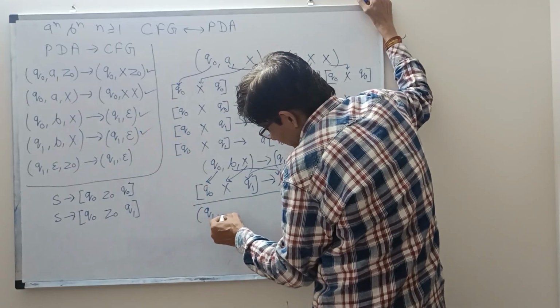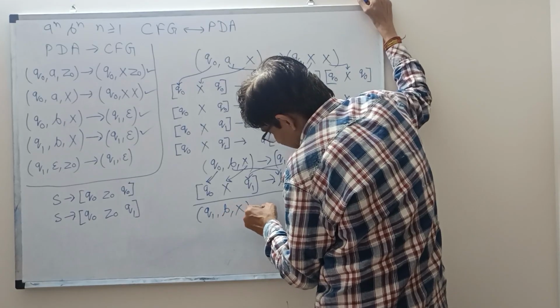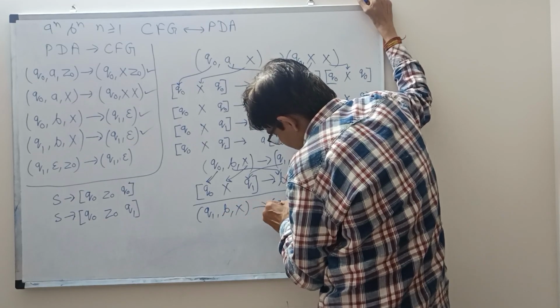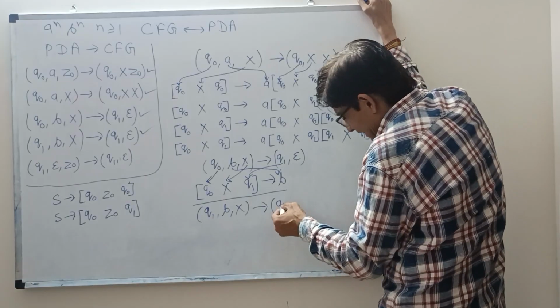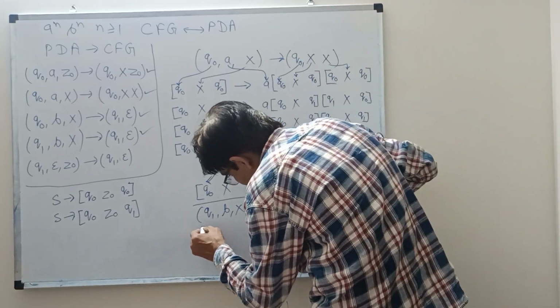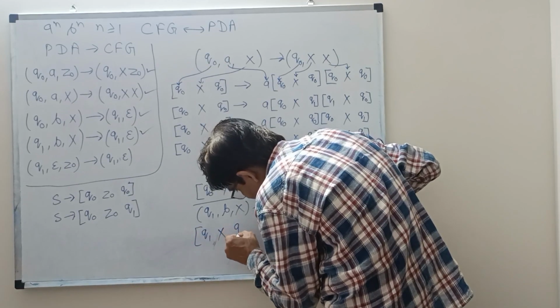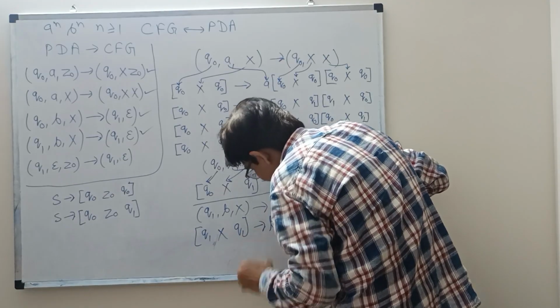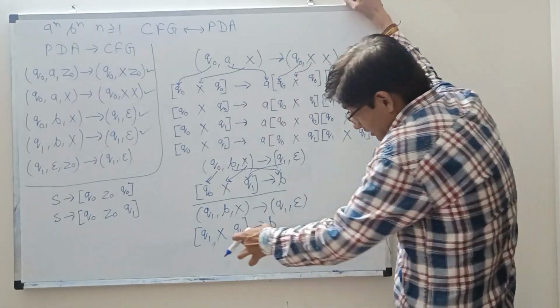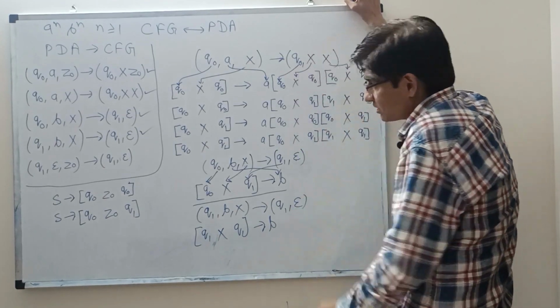So I can use Q0, then B, then X, then Q1, sorry, Q1, B, X, and then Q1 and epsilon. So corresponding to this, I can create Q1, X, Q1 gives us B. So this is only one production rule corresponding to this transition.